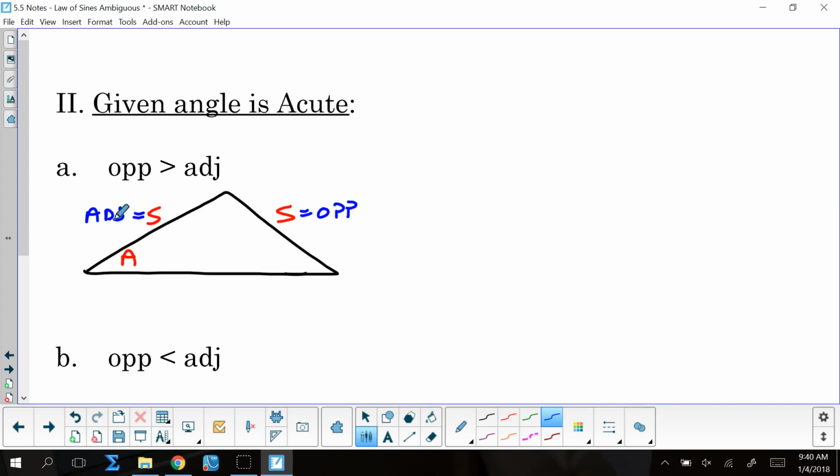If our angle is acute and the opposite side is greater than the adjacent side, we get one triangle.